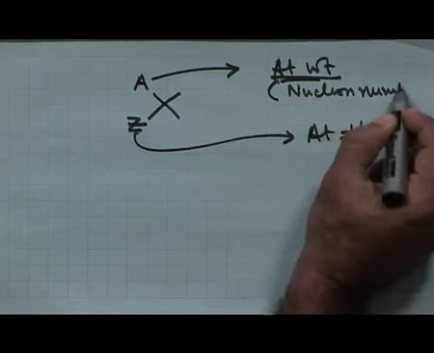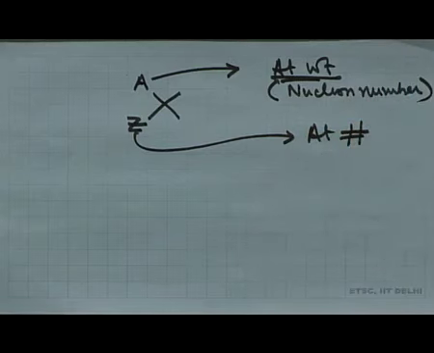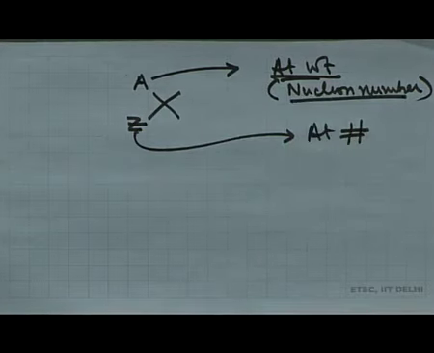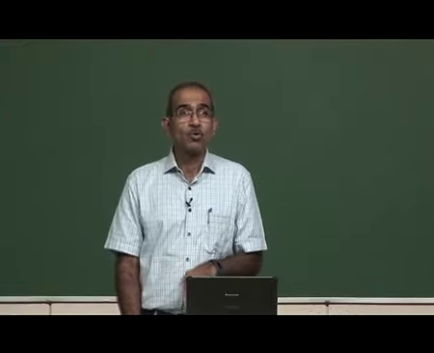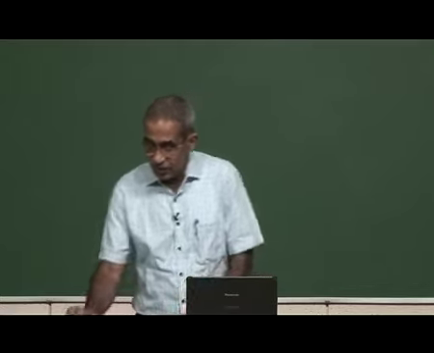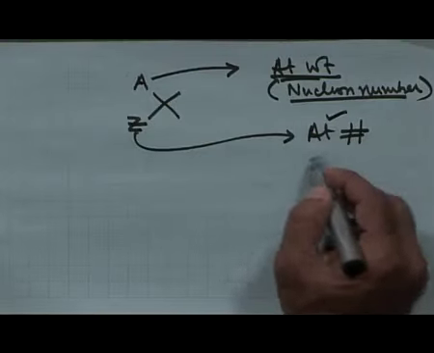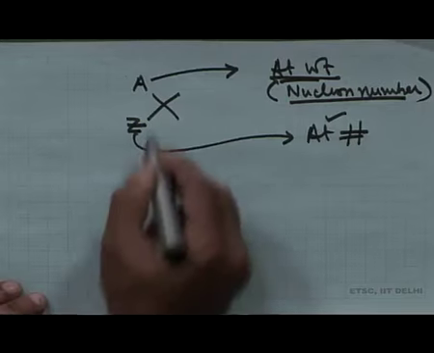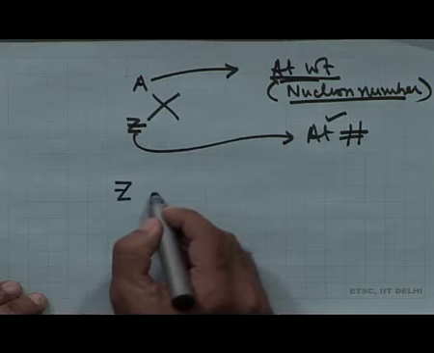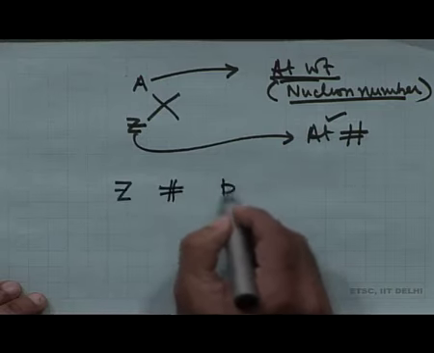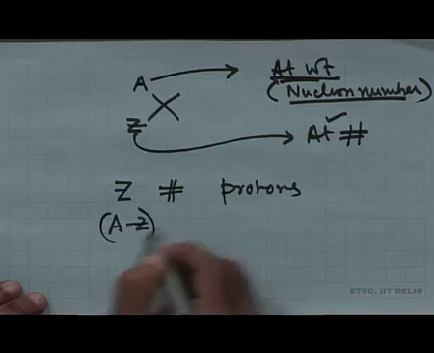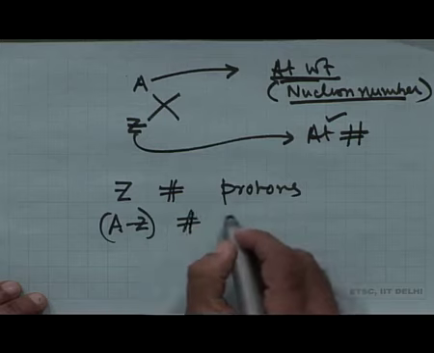So if you feel like, forget whatever I told you all these days, henceforth we shall only use the word nucleon number, and nucleon number means the total number of nucleons, and nucleons include both protons and neutrons, and this is my atomic number, which is the total number of protons. That is what I have. So what I will do, this has Z number of protons and A minus Z number of neutrons.